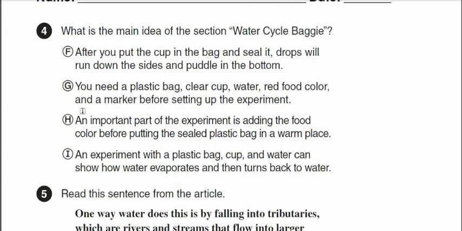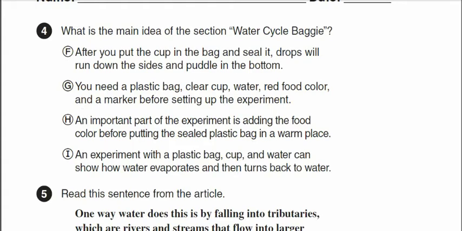G. You need a plastic bag, clear cup, water, red food color, and a marker before setting up the experiment. H. An important part of the experiment is adding the food color before putting the sealed plastic bag in a warm place. And the last one, I. An experiment with a plastic bag, cup, and water can show how water evaporates and then turns back to water.